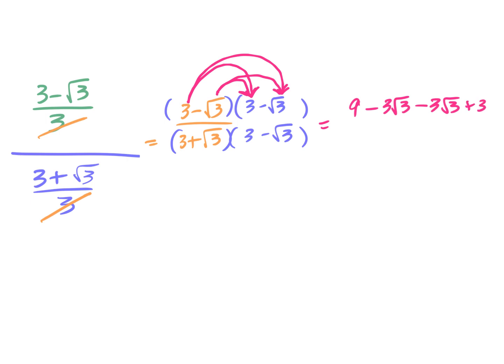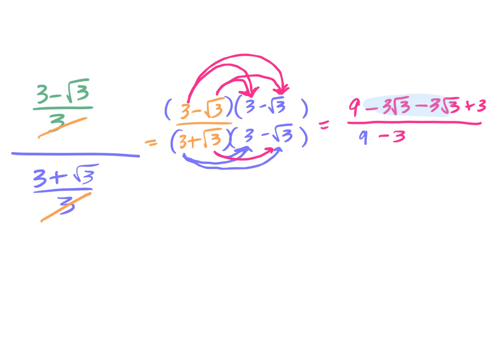Negative times negative is positive. On the bottom, we got a 9 again. Then do I get to cancel out negative 3 root 3 and a positive 3 root 3? And then minus 3. So what's going to simplify up here?